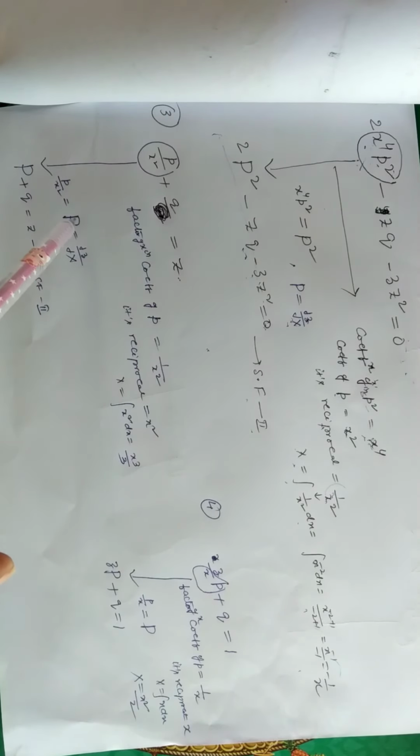That means by taking capital X equal to small x cube by 3, then p by x square changes to capital P. That means small x square is multiplied into small p and converted to capital P. By substituting it, the equation changes to capital P plus small q equal to small z. It contains p and q and also z, does not contain x and y, so it belongs to standard form 2.